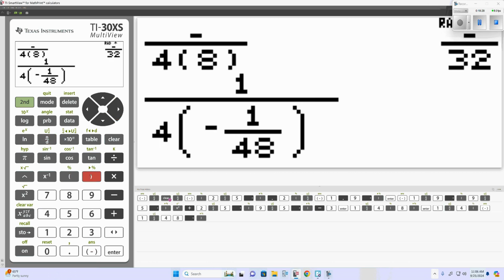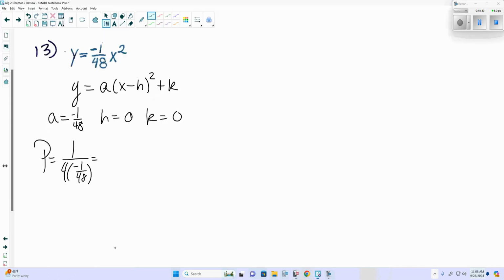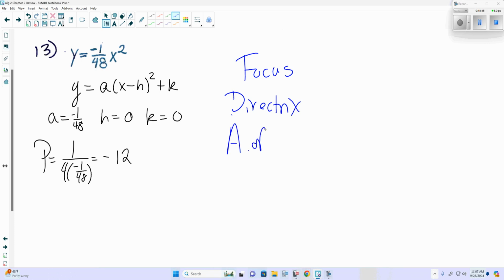And again, I'm just going to let the calculator do that for us. And it tells us the value of p is negative 12. Focus. Directrix. Axis of symmetry. Again, at this point, I'd just be looking at the reference sheet for y equals: focus is the point h comma k plus p.